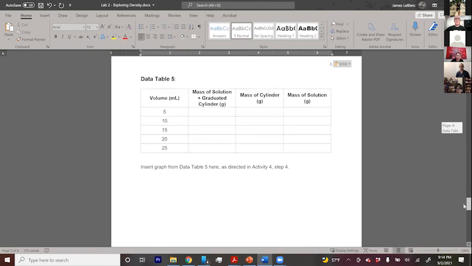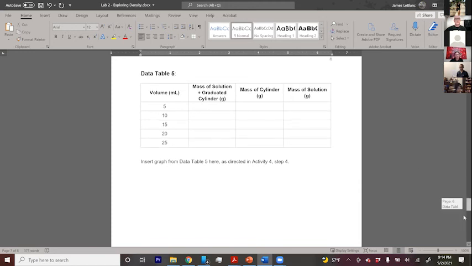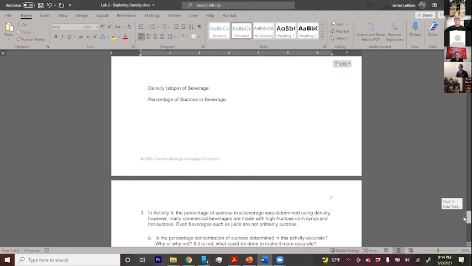Oh, okay. Yeah, data table 5. So here's where you would put the data. Actually, they do want the data for the beverage separate. So don't put it in the same one. I don't know why. Put it on a different graph, but do it exactly the same way. That's kind of stupid. I should have corrected that. Shouldn't make any difference.